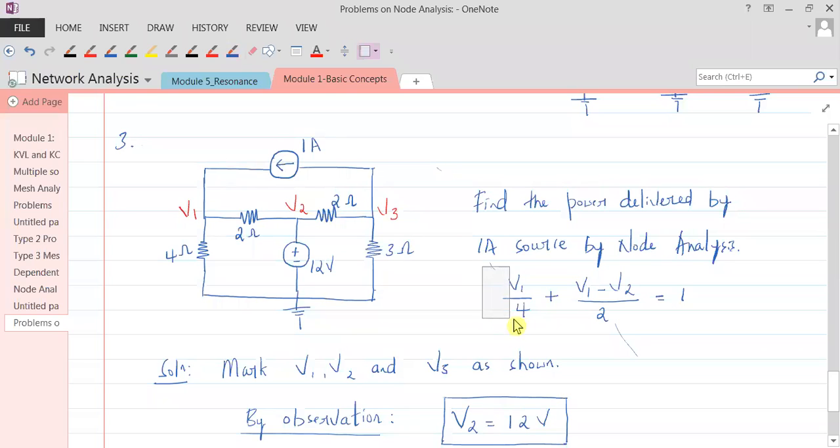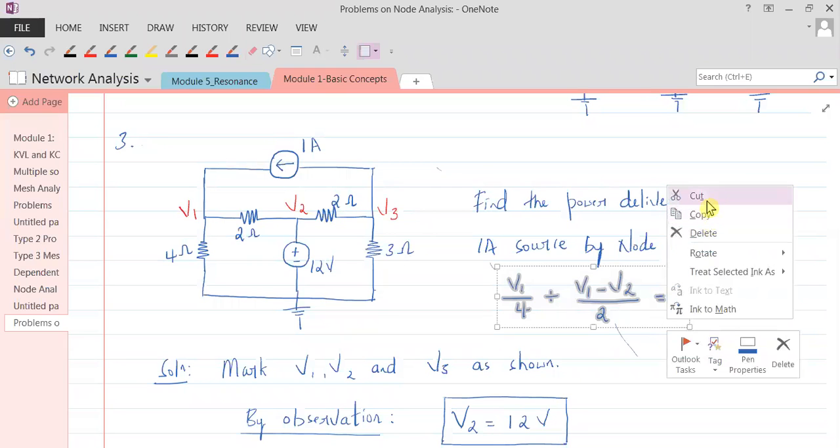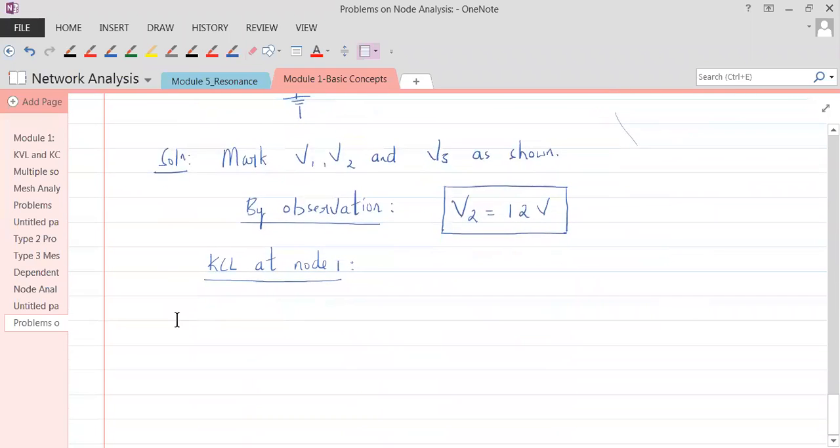Yes, the challenge is that we have denominators here, so we need to bring it to the standard form. How to bring it to the standard form is this: take the LCM and get going. What is the LCM? Shall we take 4?